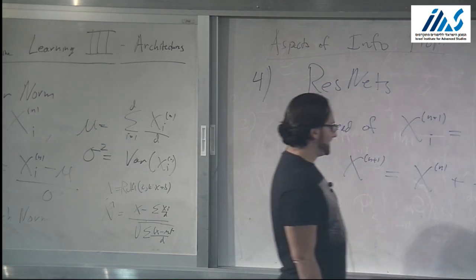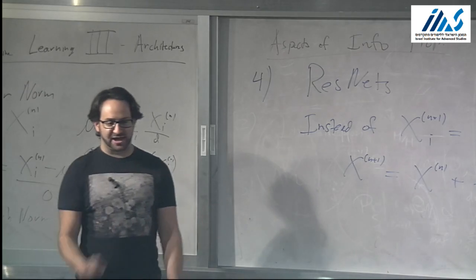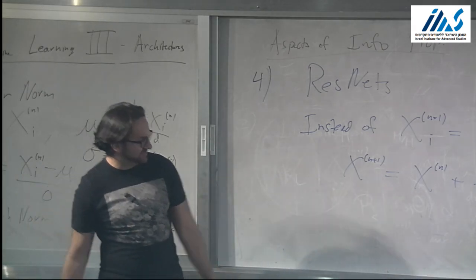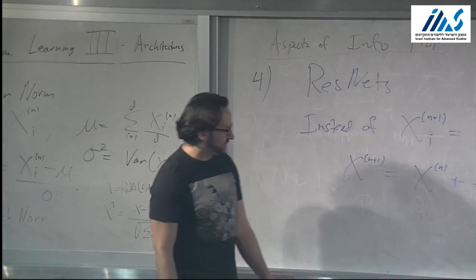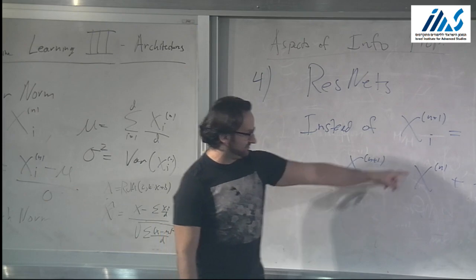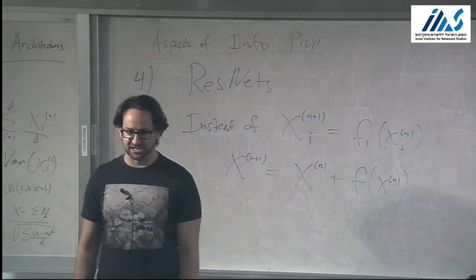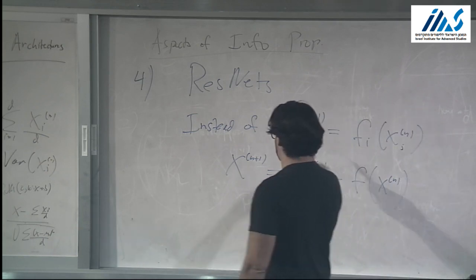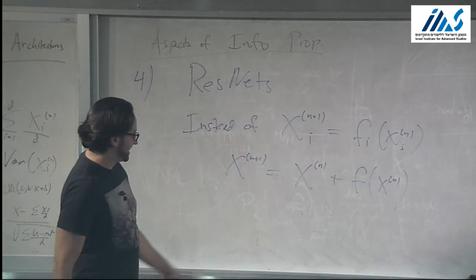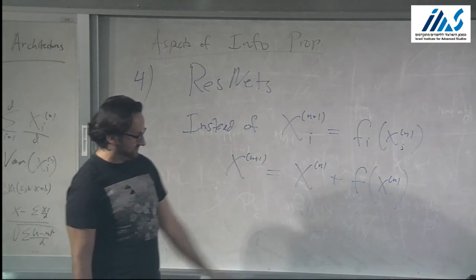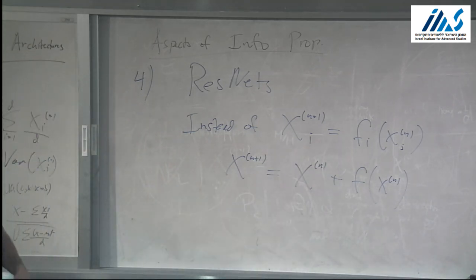So in other words, instead of applying f, I'm going to apply 1 plus f, or 1 plus epsilon f. I mean, this may be small, it may not be small. So this will be my layer instead of this being my layer. That's what a residual network does. And this affects what the initialization has to be, because if I compose many, many, many layers, then the norms of x and f change.